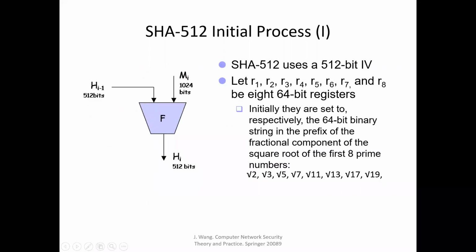Okay, so the initial value of H0. So this is H0. It is 512 bits long. So what it does is use 8 64-bit registers. These registers are denoted by R1 up to R8.